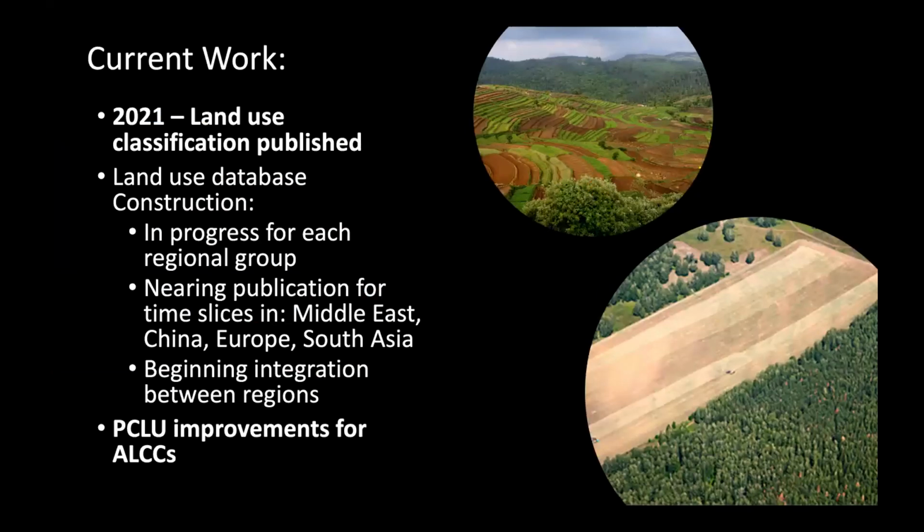In terms of the current work, we have the land use classification structure published, and then all of the groups are in process for each region. We're nearing publication for time slices in the Middle East sections, in China, in Europe, in South Asia, and just beginning to try and work on the integration between regions so we can connect these disparate groups together and begin to make continuous data sets, which is really the primary goal of the project.